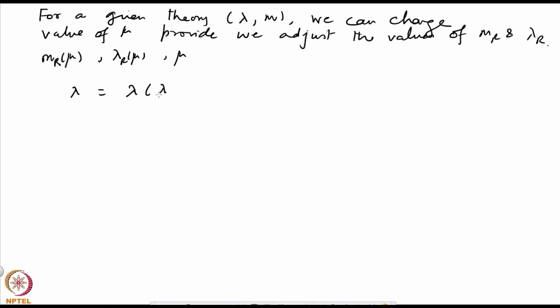Because lambda is a function of lambda r, mr and mu, and m is a function of lambda r, mr and mu. And if I could arrange that lambda and m do not change even when I change mu, then clearly all the predictions for the observables will not change.